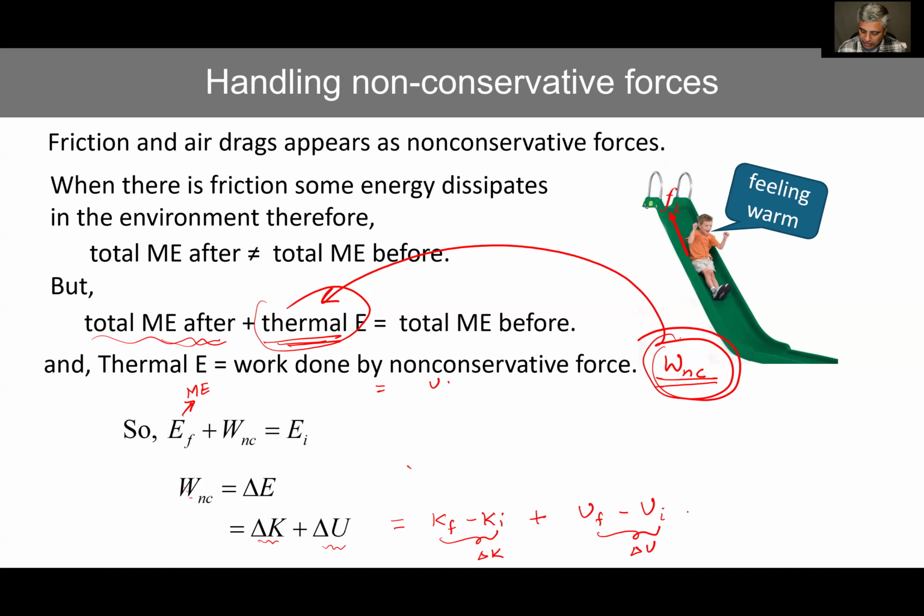Even better, when we are writing in terms of position and speed, we need to expand that and write something like this. This is final kinetic energy, this is initial kinetic energy, so the difference is the change, right? That's for kinetic, and we can do the same thing for potential.